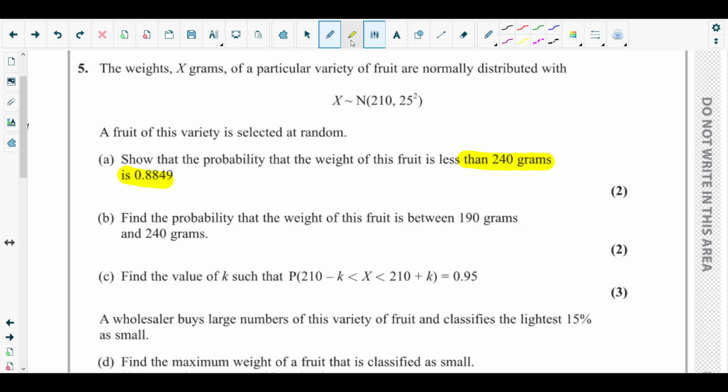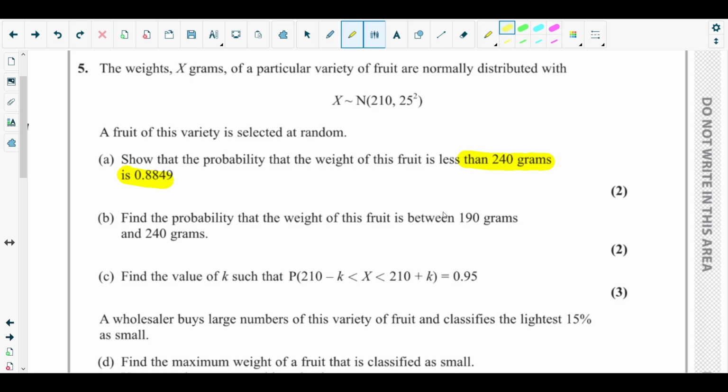In part B they ask us to find the probability that the weight of this fruit is between 190 grams and 240 grams.